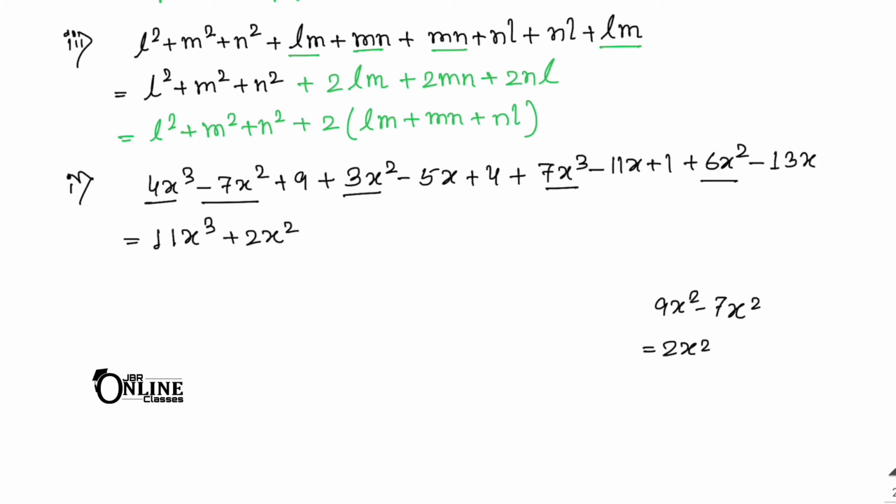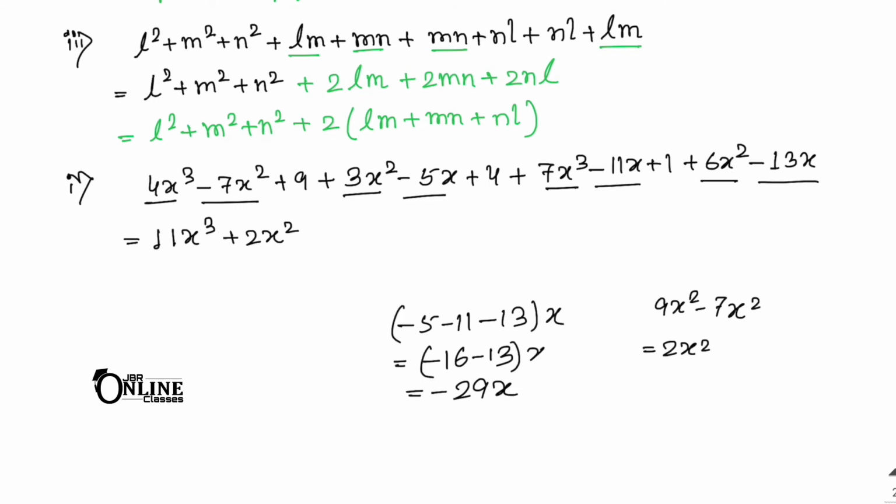After that, here x, so minus 5x minus 11x minus 13x, that means all are in minus. So minus 5 minus 11, it's minus 16 minus 13, so that means here minus 29x. So you can write down here minus 29x.